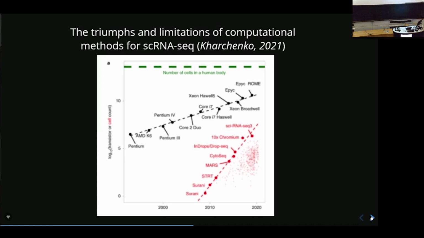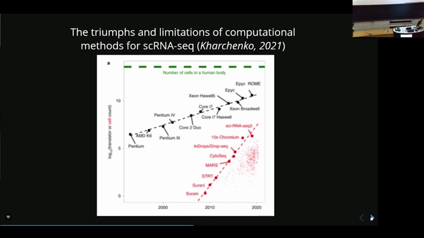And that is the same log count of the number of transistors on processors, on computers that we need to use to analyze the data. That trend has respected so far Moore's law, which means every 2 years the number of transistors doubles. And you can see that in order to handle that enormous amount of cells, we really need to improve the methodologies.